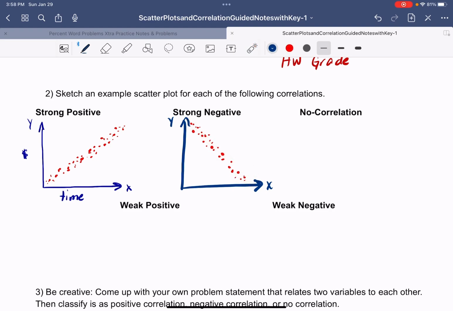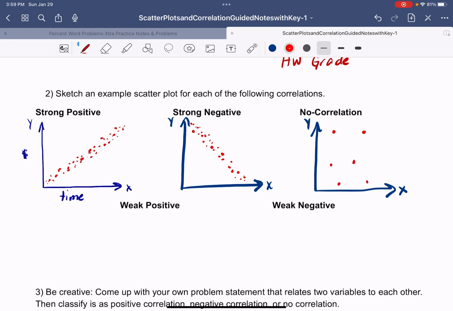Now, what if we have a situation where there are two things we're looking at that are not correlated whatsoever? So something silly might be, I don't know, your age, so time and age on the x-axis, and the number of snacks you like to eat on the y-axis, okay? A no correlation might look something like this.